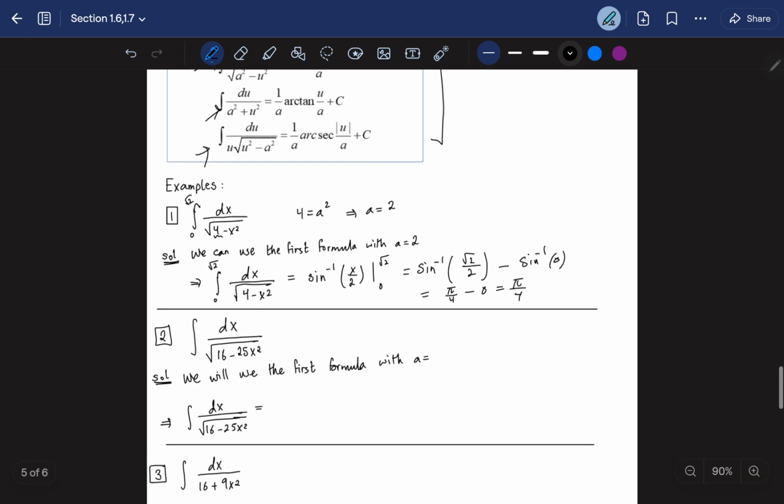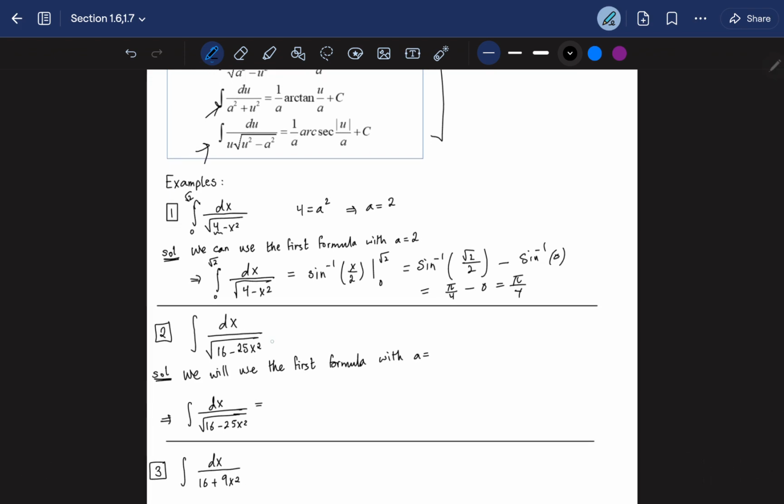Let's see the next example. So here, although this kind of looked like the first formula, not quite, because here I have an extra number with my x squared. So a, I know for sure, it's just going to be 4, right? But since I have an extra 25, I need to do some u sub. So if you take your u to be 5x, then just deriving, you're going to get this.